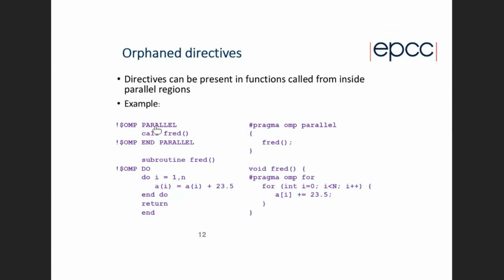So if I have a parallel region that makes a function call or a subroutine call, then it's perfectly okay to have something like work sharing directives inside the subroutine. And so every thread is going to call this subroutine, and then this indicates that the loop iterations get shared out between the threads. So that all works fine.